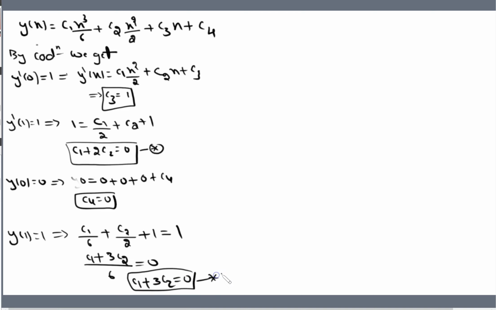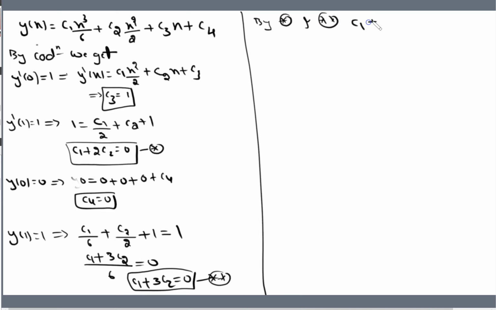We call this equation double star. Now by star and double star, solve these two equations: c1 plus 3 times c2 equal to 0, and c1 plus 2 times c2 is equal to 0. Subtracting these two, we get c2 is equal to 0.